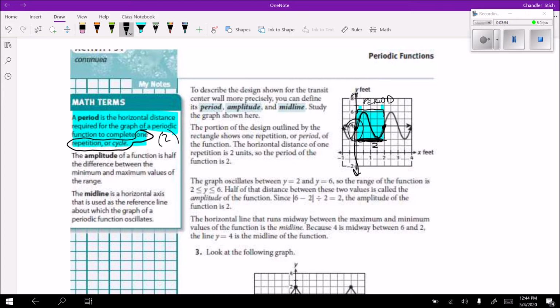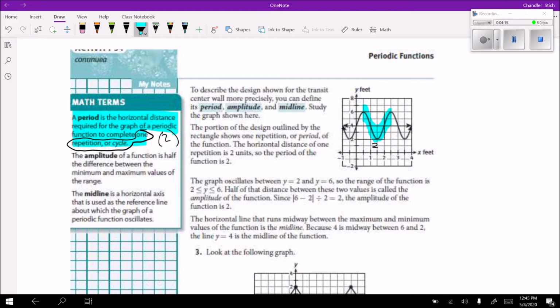Alright, that's one cycle. It actually is nice because, they have it boxed off like that, but you could actually start at a peak and say, okay, here's my peak, so I'm going to go down and then back up to the peak.